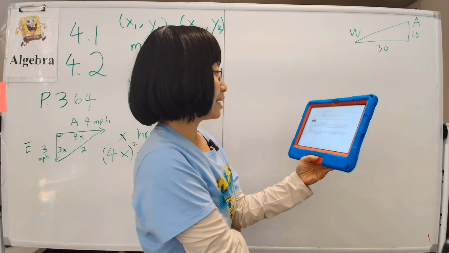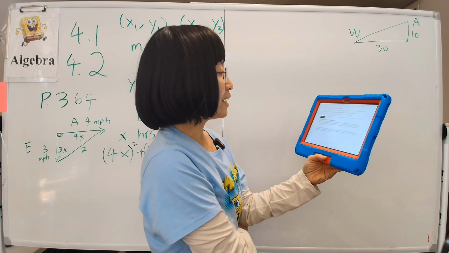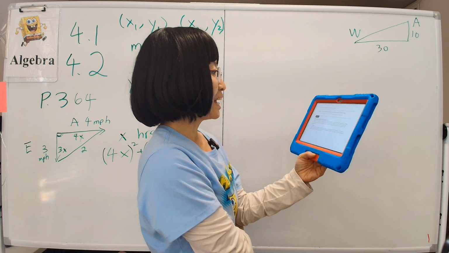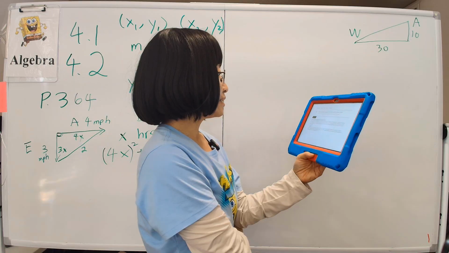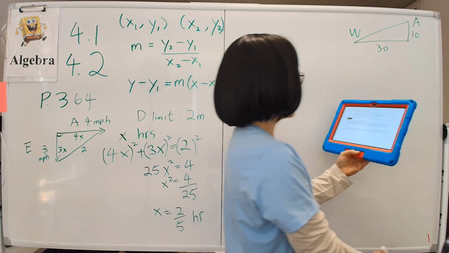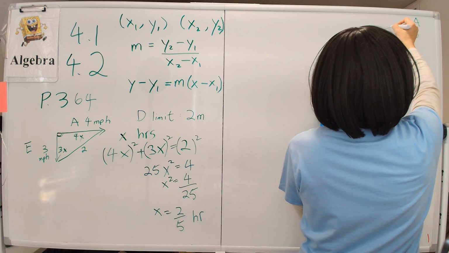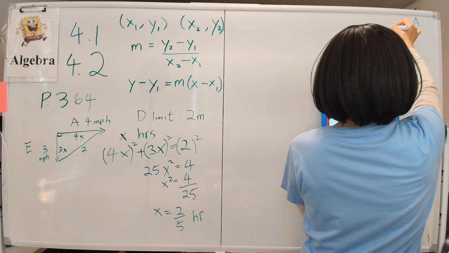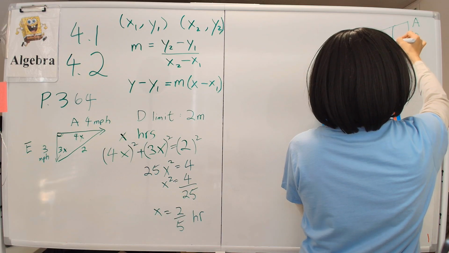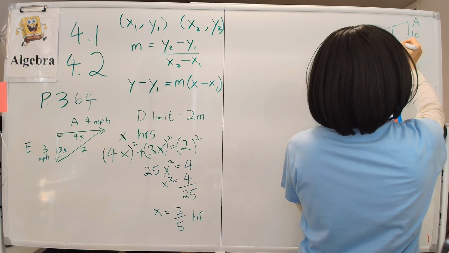Town A is 30 miles east of W and 10 miles north of W. Then partway down, there's a second road perpendicular to the first. Let's draw it maybe right here, doesn't matter, leading to the town Eastboro.